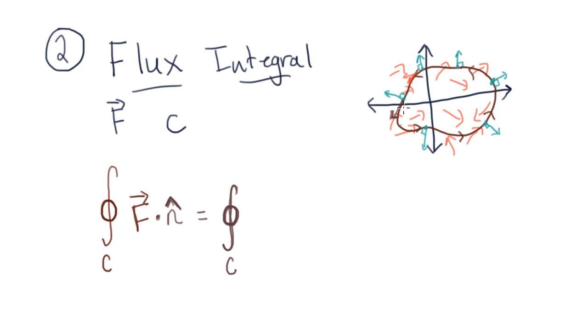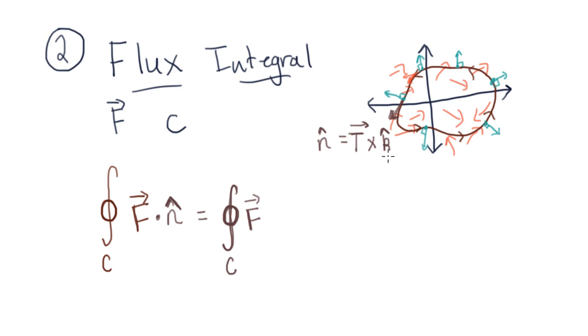If my curve is pointing this way, and I want a vector perpendicular to the curve, I can look at my vector t, the unit vector pointing in the direction of the curve, and take the cross product with k, a unit vector in the z direction.